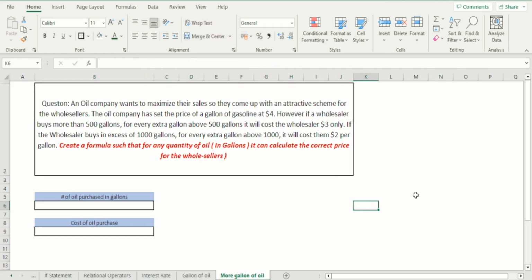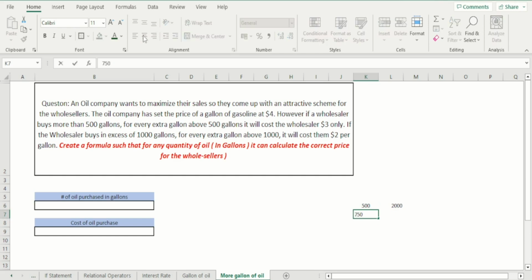Let's try and understand what this really means before we construct that formula within Excel. So let's start off with the simpler case. If it is 500 gallons, then we expect the cost to be 500 gallons at $4 a piece, right there.